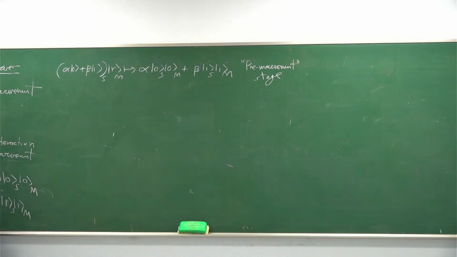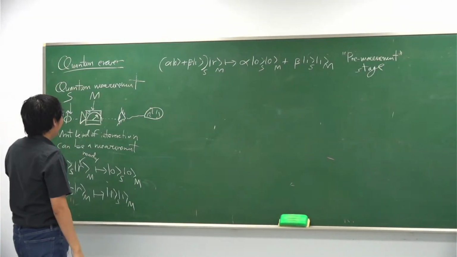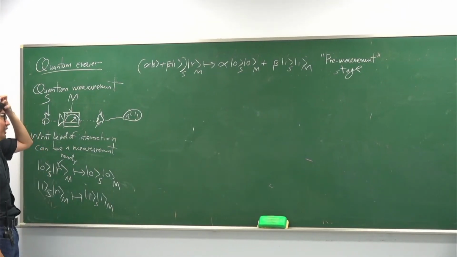For example, after the meter, I can look at where the meter points to, and that means that my eye is entangled with the system and the measurement device, and maybe it goes into my brain, and then my neuron is entangled with the whole thing, right?